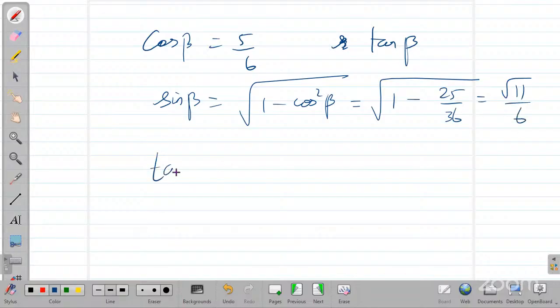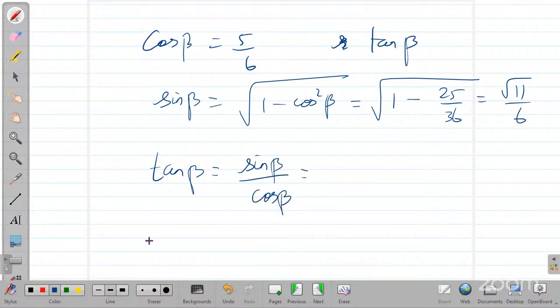Now tan beta will be, am I doing all the calculations correctly? Yeah, okay, root 11 over 6. So what will be the value of tan beta? It will be sine beta over cos beta? Exactly.